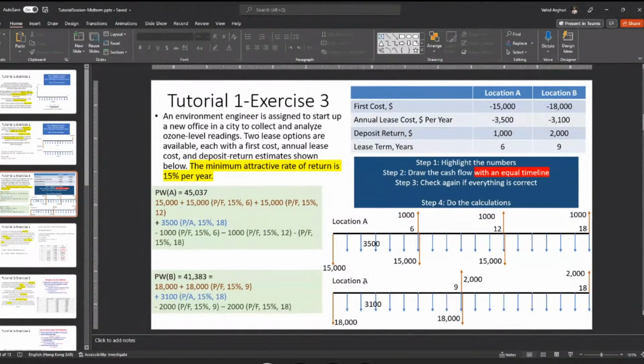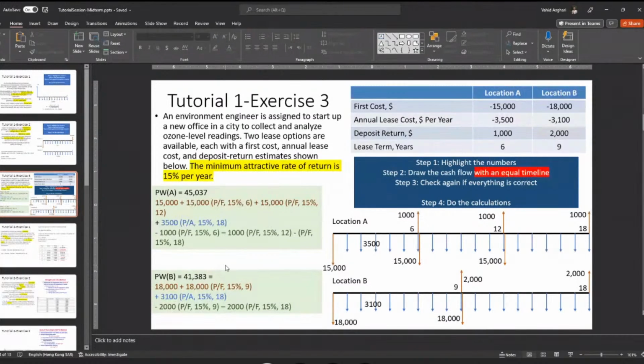For location B, we have $18,000 first cost, $3,100 annual costs, and $2,000 deposit return. The investment time is about 9 years. The lease term is 9 years. We repeat it one more time exactly.